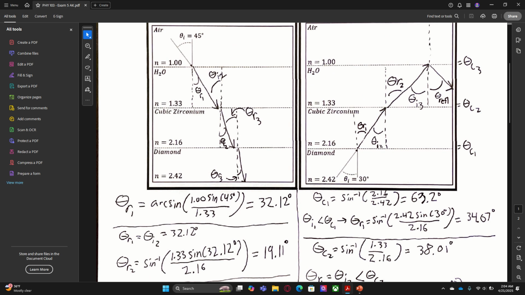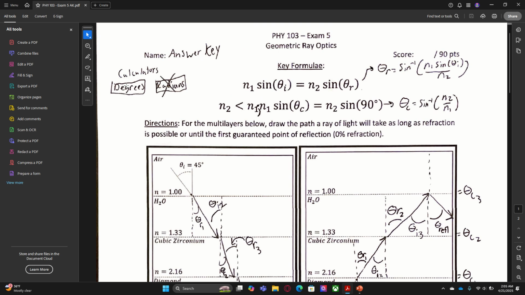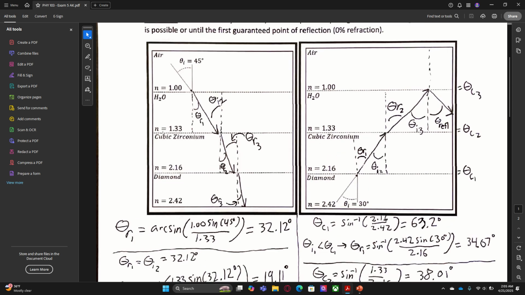Theta R1 equals arc sine, or sine inverse, of N1, which equals 1, times sine of our incident angle in the first layer, 45 degrees, divided by N2, which was 1.33. If you have your calculator set to degrees, not radians, then your answer should come out to be 32.12 degrees.